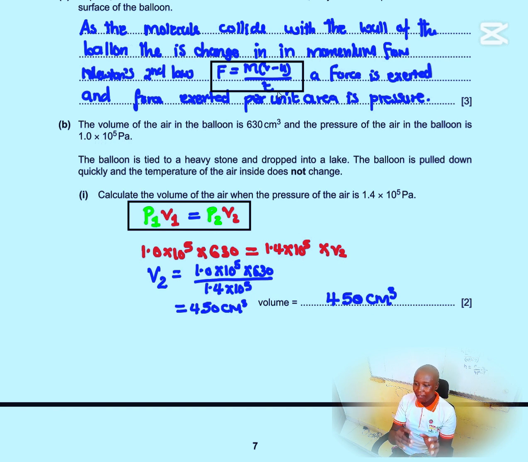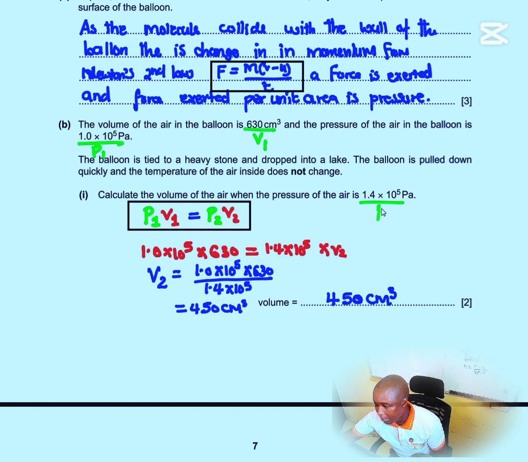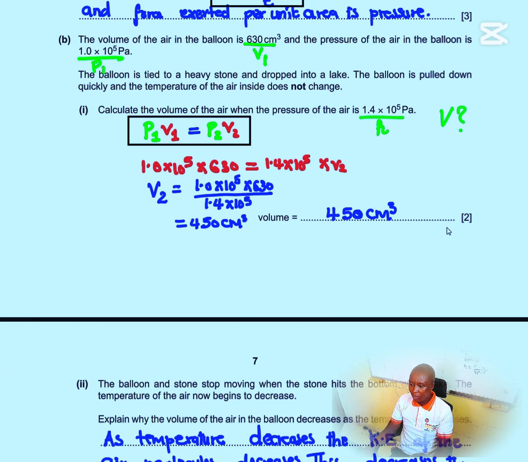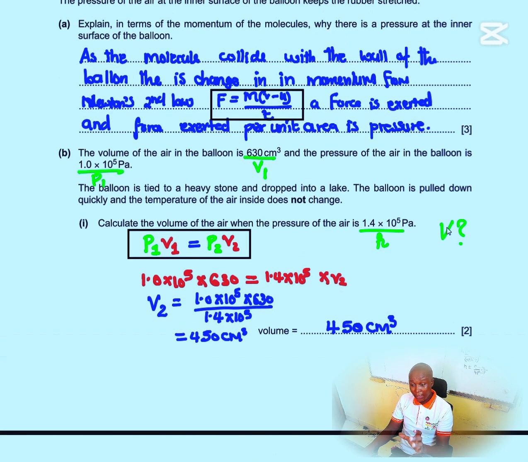We are to calculate the volume of the air at that pressure. We use the formula P1 times V1 equals P2 times V2. Substituting, we get 450 centimeters cubed.